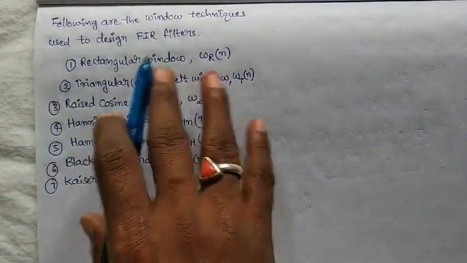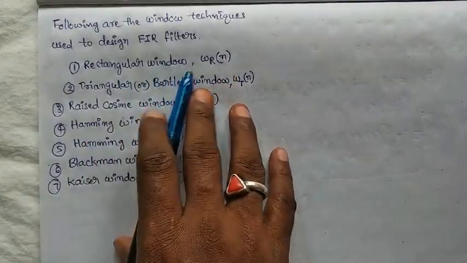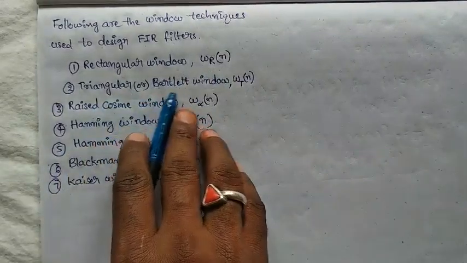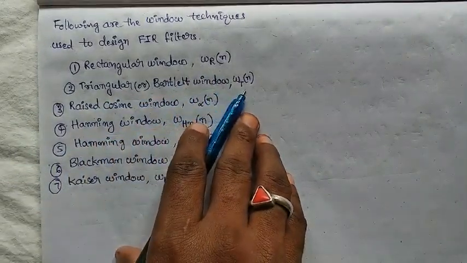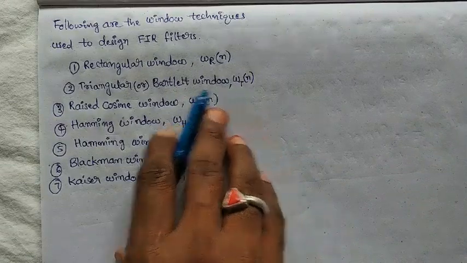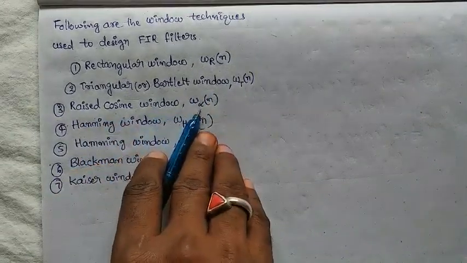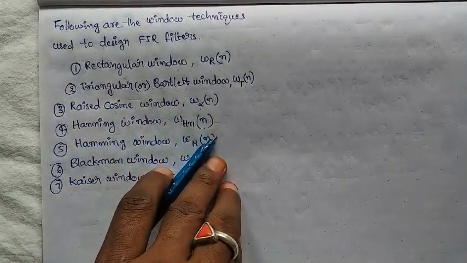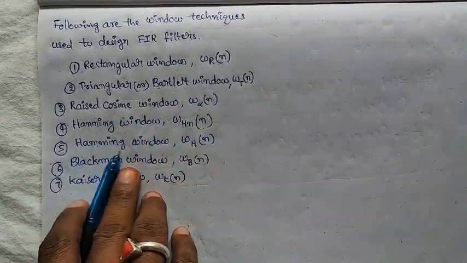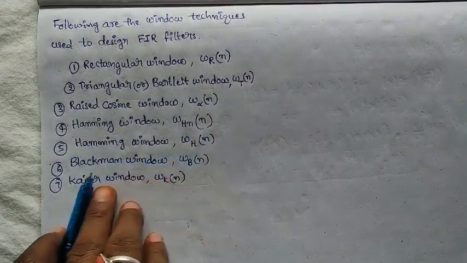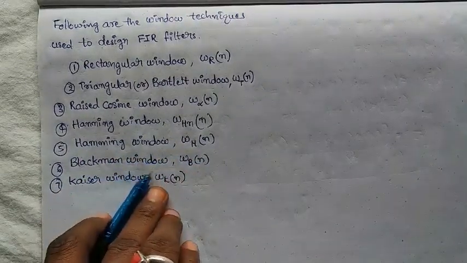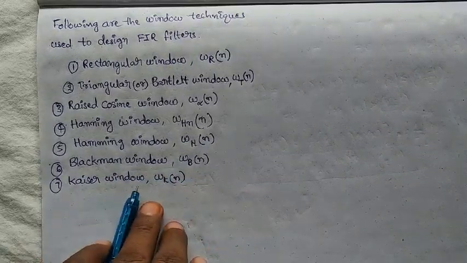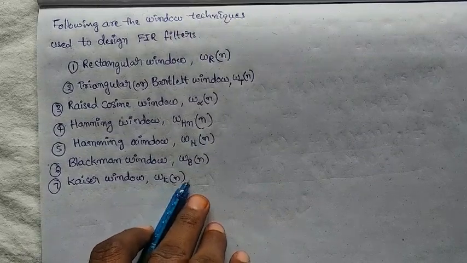First, the rectangular window, WR of n; triangular or Bartlett window, WT of n; raised cosine window, W alpha of n; Hanning window, WH of n; fifth, the Hamming window, WH of n; sixth, the Blackman window, WB of n; seventh, the Kaiser window, WK of n.